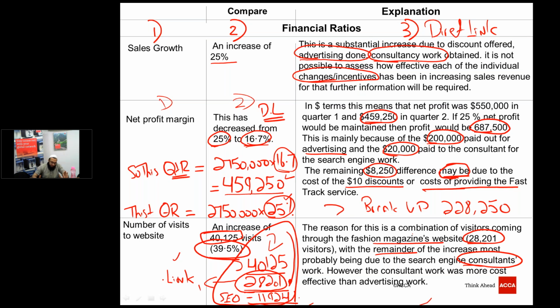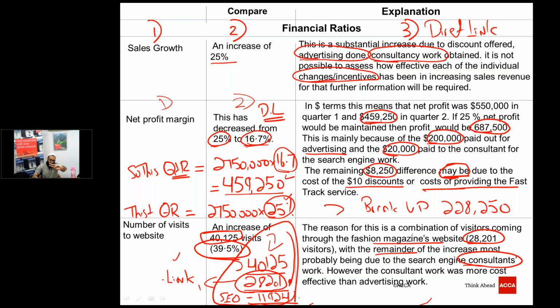Now, those who just want to pass will have to write minimum what? Don't quantify, just write: website hits increase because of the consultancy work and the magazine link. Consultancy work, magazine link. This is a direct link they are doing with the scenario.